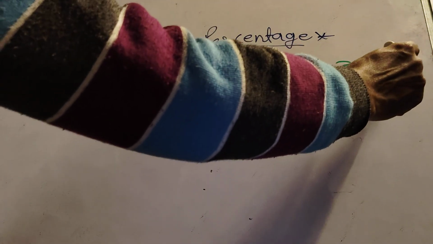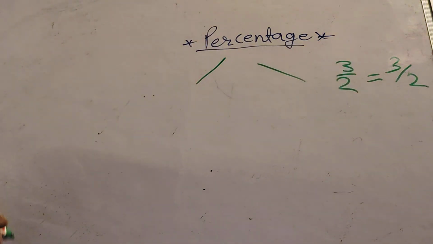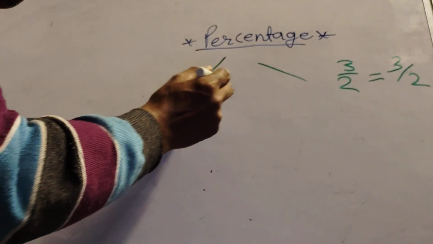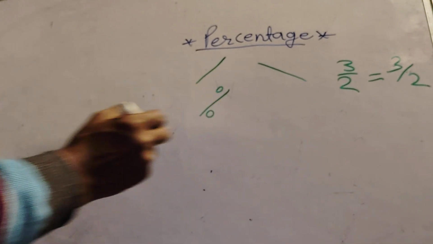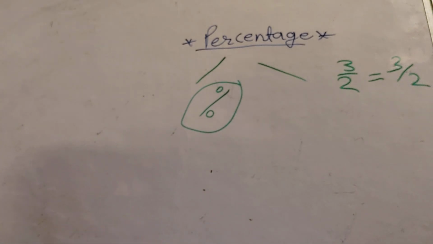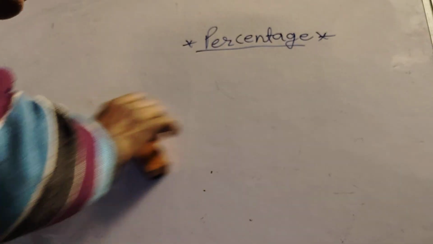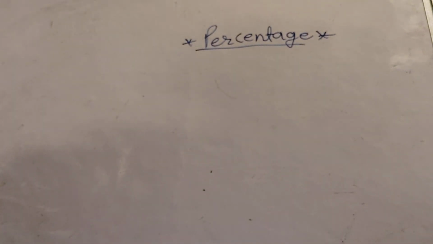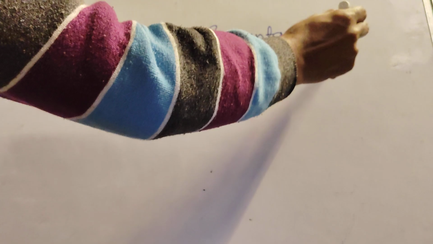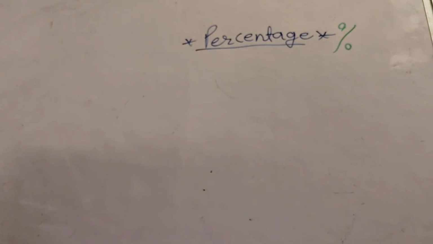In the forward slash, we put two zeros and it is called the percentage sign. Two zeros means divide by 100. So divide by 100 is nothing but the percentage sign.